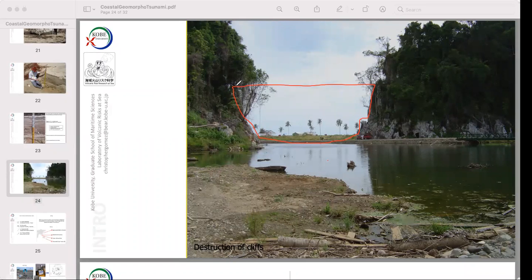So if I was to do a typical coastal geomorphology class, I would talk to you about the rip current. I would talk to you about the storms and the sand movement. But you also need to remember that those everyday processes can be disturbed in a large way during one single event, when you have a tsunami or those high energy events.